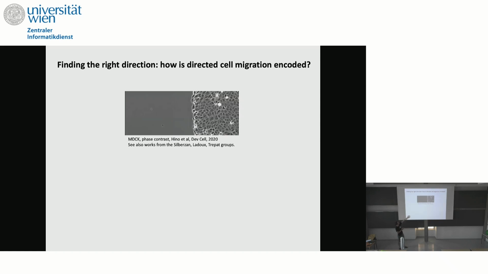This experiment is a really minimal one. I think the first people to do it was the group of Pascal Silberzan at the Curie Institute. Essentially, again, these are cells plated on a 2D substrate, and they simulate a wound healing, meaning that there's a half plane that was occupied by a stencil, and at T0, they lift the stencil, and then suddenly you have half a plane that's filled with cells and half a plane that's empty.